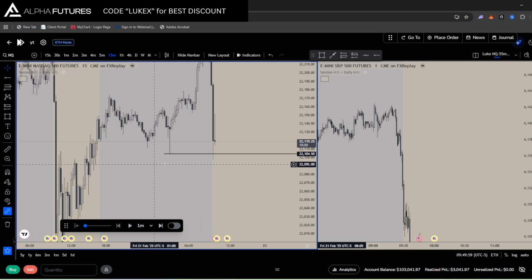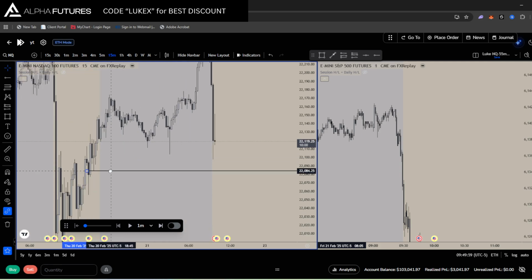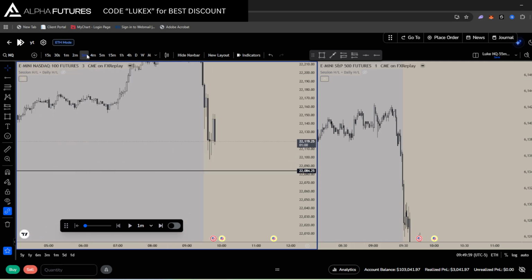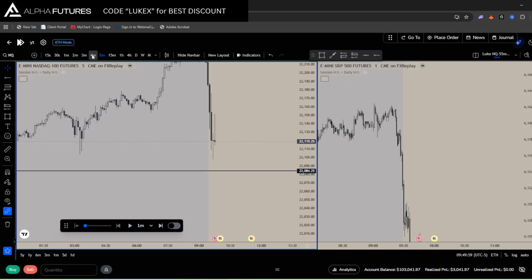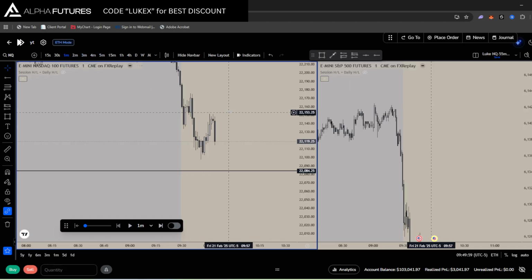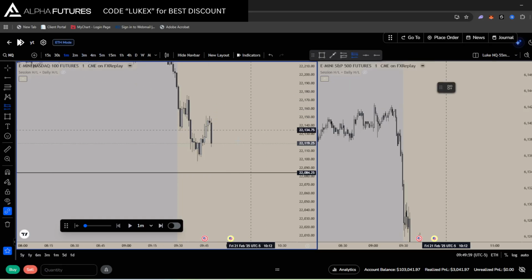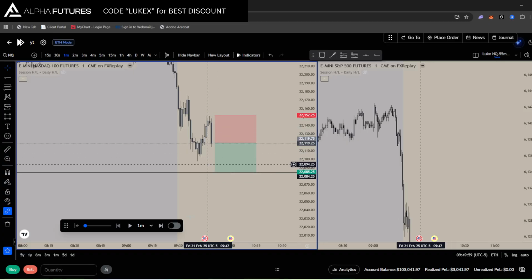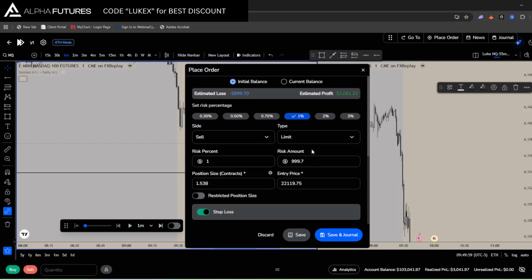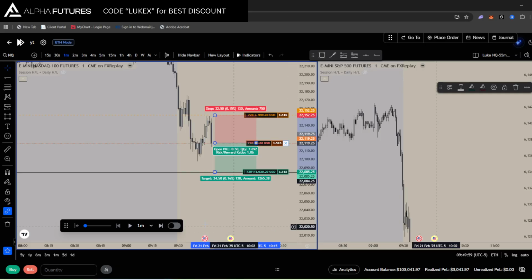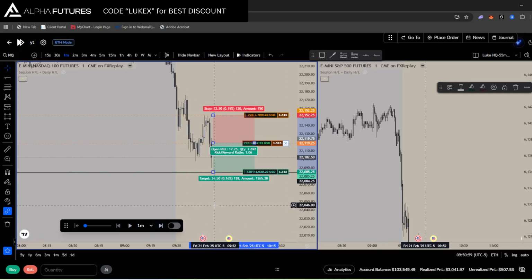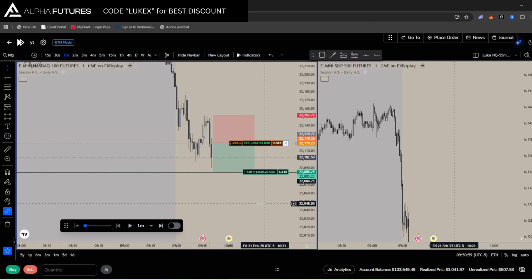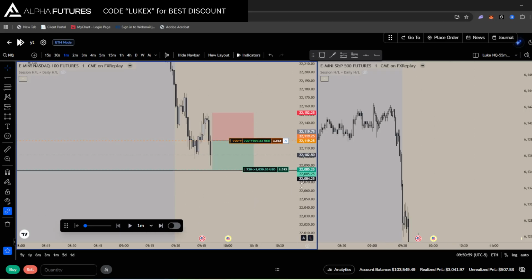We want to maybe continue lower, but we already are pretty oversold. Whatever, let's just try to sell it. Break even. Let's hope it just continues to flush and doesn't stop me out.